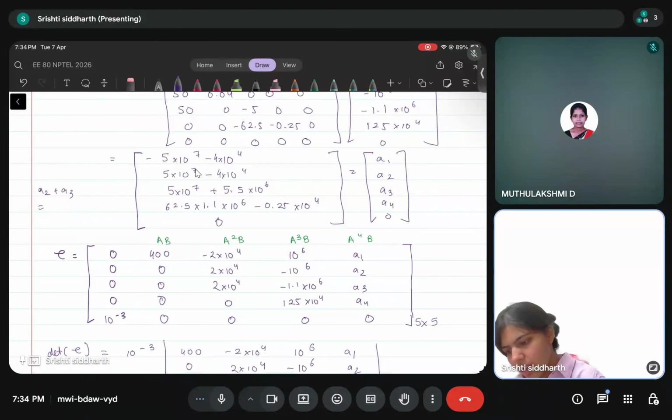So this is 5 point, into 10 to the power 3 divided by 10 to the power 3, 0.004 into 10 to the power, so this is minus. So this is 5 minus 0.004.